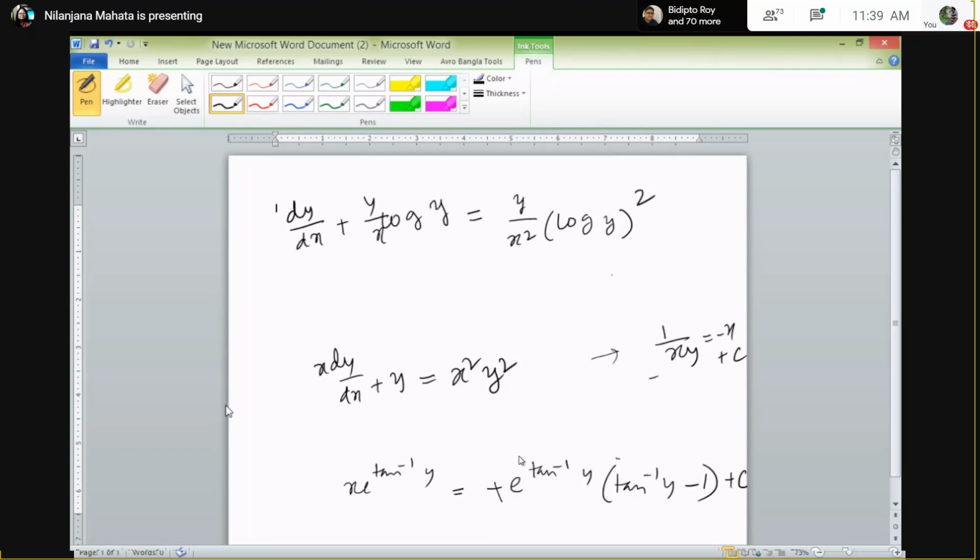Ma'am, the log y in the LHS is in the denominator, right? No, no, it is multiplied with y. That is dy dx plus y by x. So first you have to remove this y log y and then transform and solve.